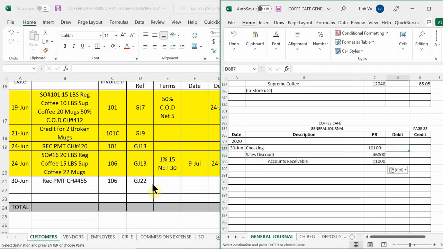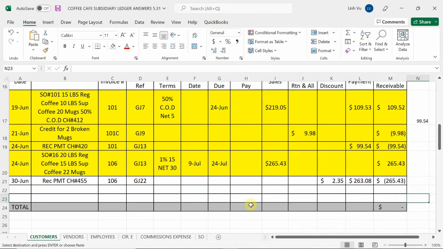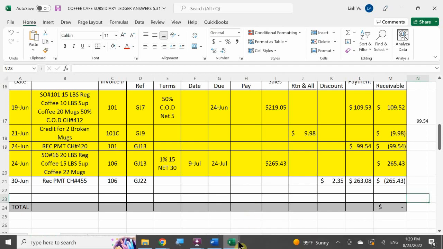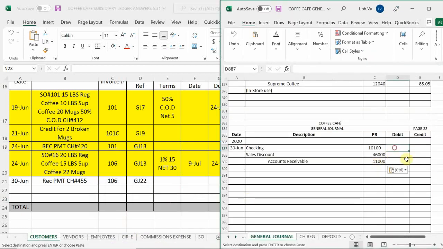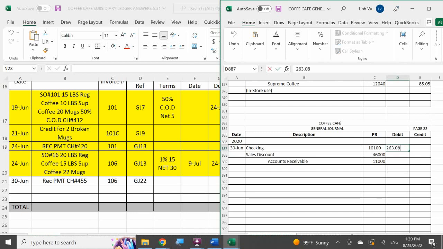So in this case, how much was the check written out for? $263.08. Discount was for $2.35. The grand total Katie owes was $265.43. Right, that was correct.